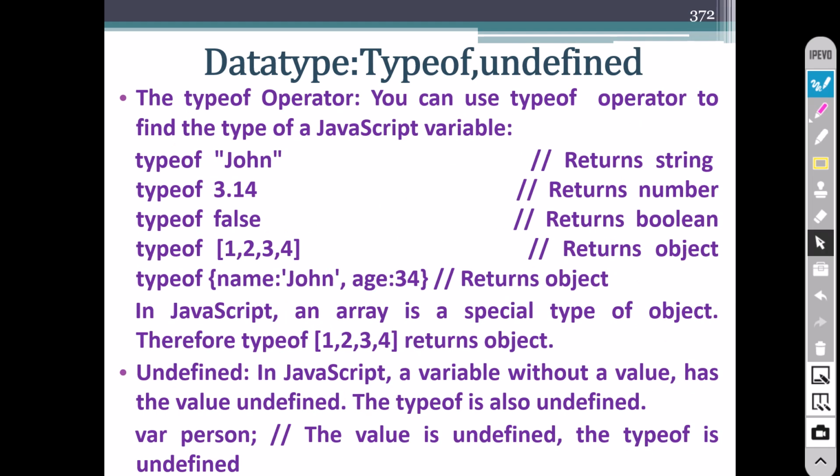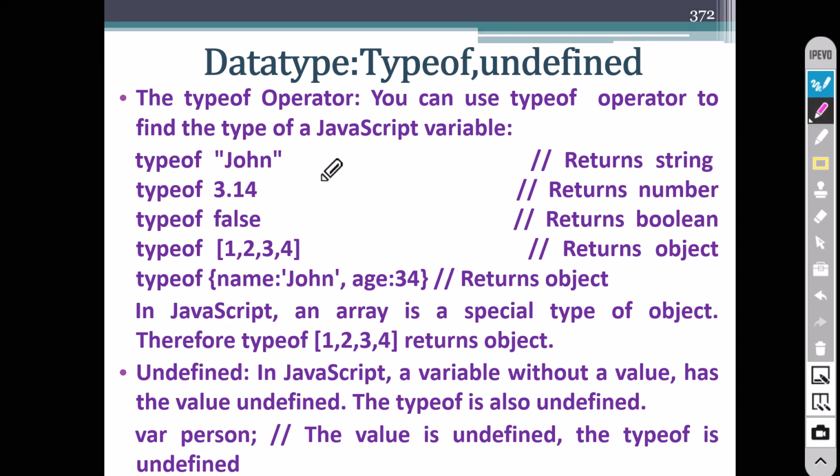So we use functions like typeof, and there is something called undefined. Typeof gives you the type of the variable. Typeof with double quotes will return a string, 3.14 gives you a number, and then typeof will give you boolean. In JavaScript, an array is a special type of object, so it will return object.